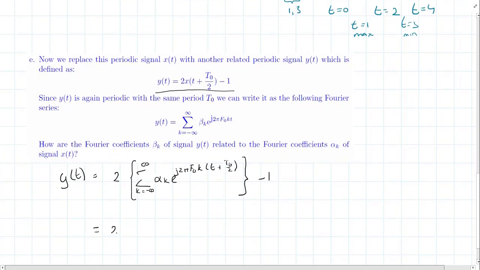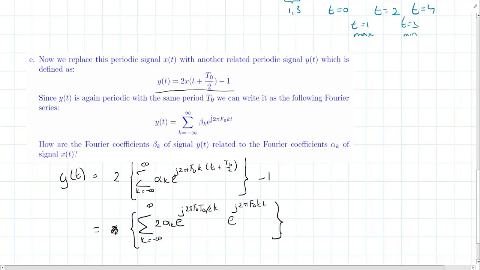So we can split the powers of our exponential function, and we can move the 2 between the brackets. So 2 alpha k e to the power j 2 pi f0 t0 divided by 2 k times e to the power j 2 pi f0 kt, minus 1.